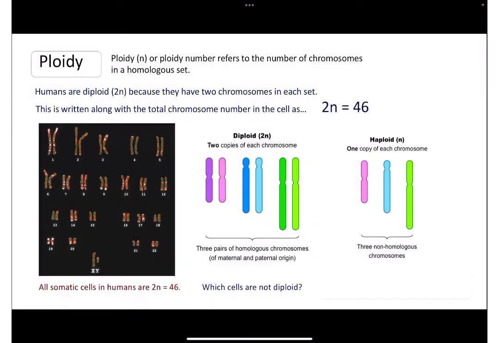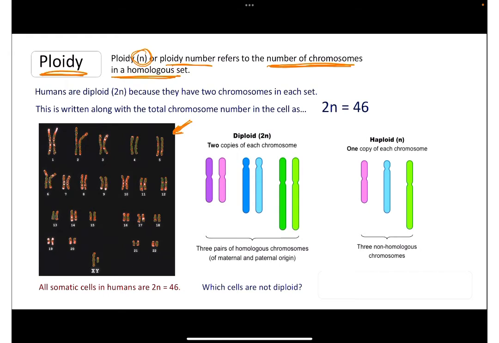The next thing I want to talk about is something called ploidy, or ploidy number. And this is represented by the lowercase letter n. What ploidy refers to is the number of chromosomes in a homologous set. So looking at our karyotype here, how many chromosomes do we have in each homologous set?